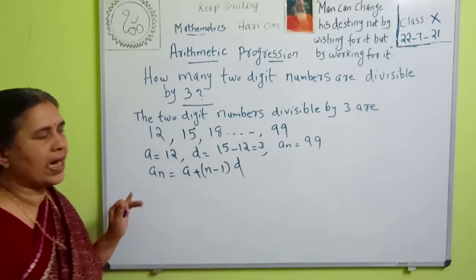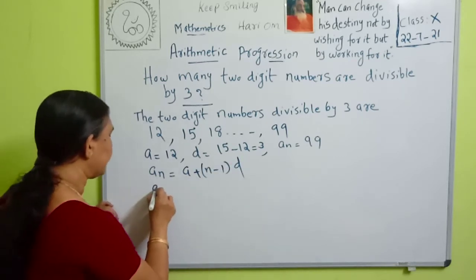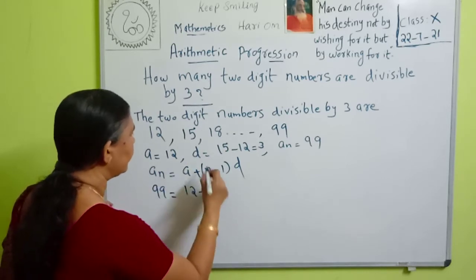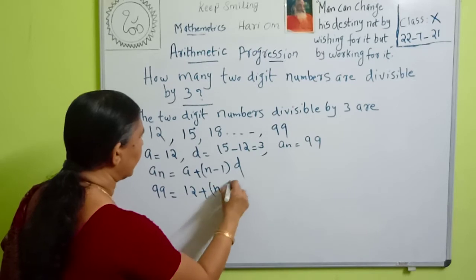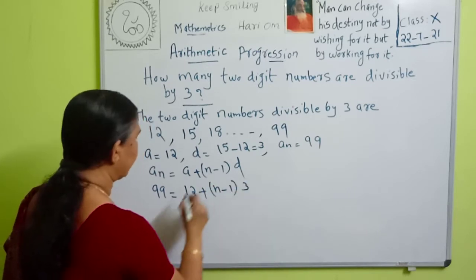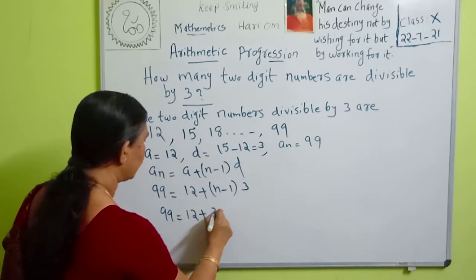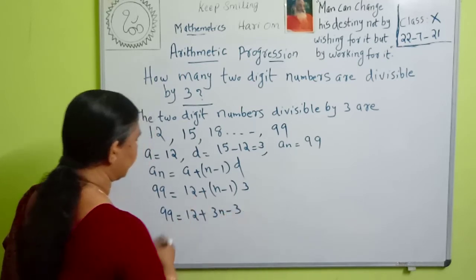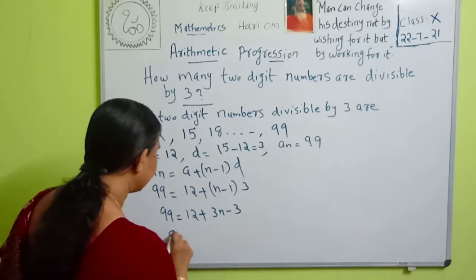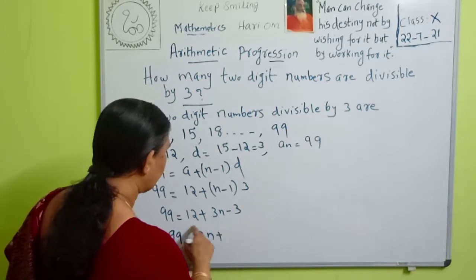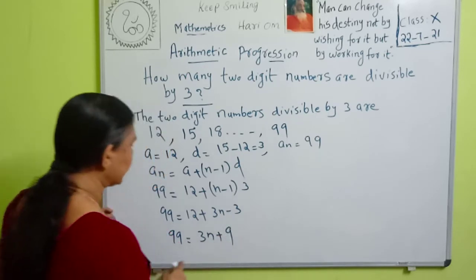Then substitute the values here. That is 99 is equal to 12 plus n minus 1 into 3. That is 99 is equal to 12 plus 3n minus 3. Or we can write 99 is equal to 3n plus 12 minus 3 is 9, 3n plus 9.